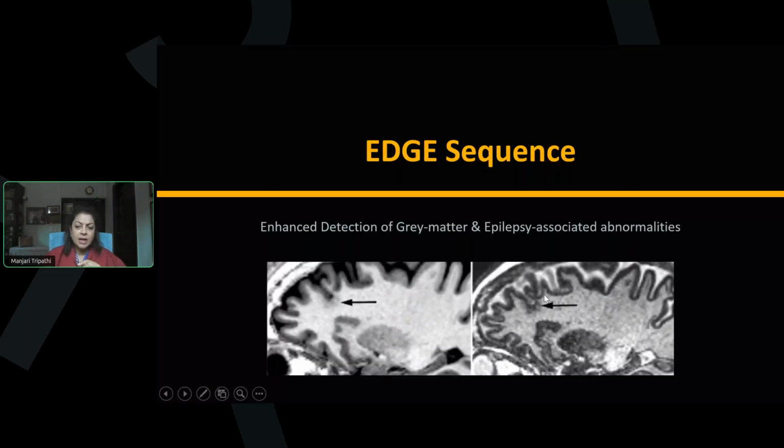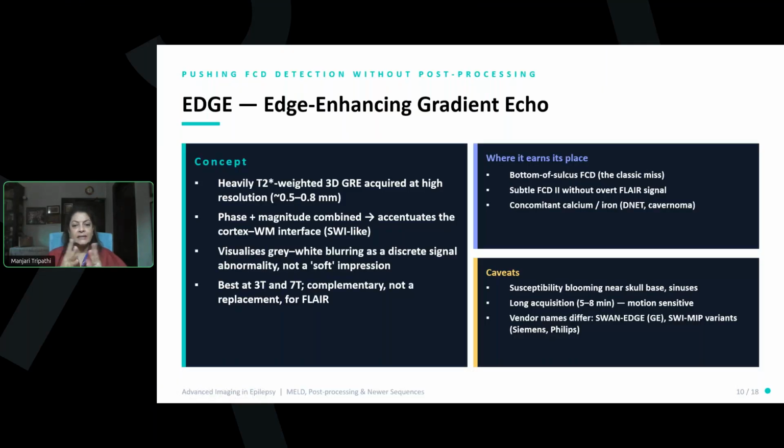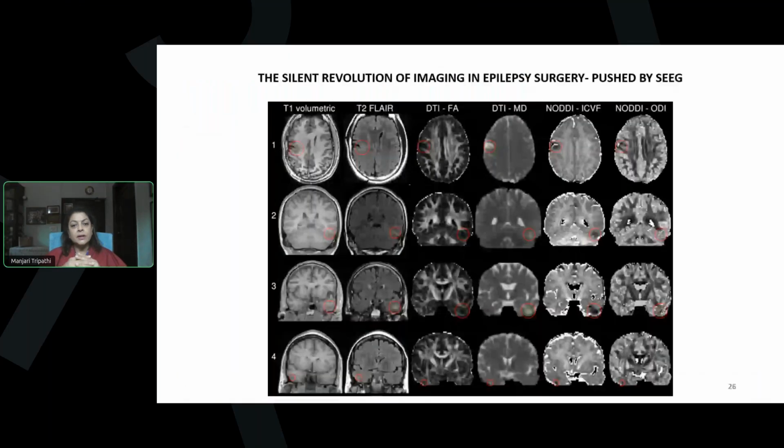You can see this pencil-like drawing of the gray matter. And at one space, there is blurring, and there is kind of a diffusivity of where the lesion is, which is picked up on the EDGE. So EDGE is enhancing gradient echo, and it's very useful in bottom of sulcus dysplasias and subtle FCDs. So that's another sequence which we do, but we do it only in truly MRI negative epilepsies, because otherwise the MRI can go up to an hour. There is, of course, a DTI. Then you have NODDI sequences, which can be done in the MRI to pick up lesions.